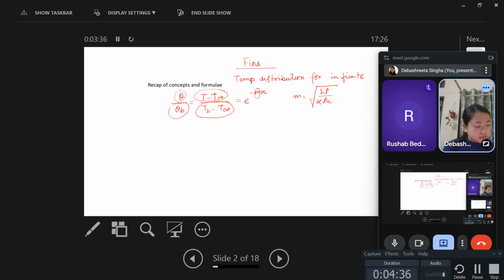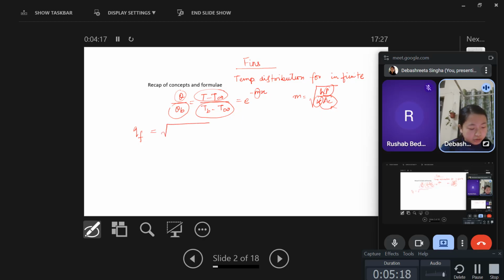Here h is the heat transfer coefficient for the surrounding fluid, air or liquid, anything. Then P is the perimeter of the fin, k is the conductivity of the fin, and Ac is the cross sectional area of the fin. Then Qf is the fin heat rate, that means heat transferred by the fin.